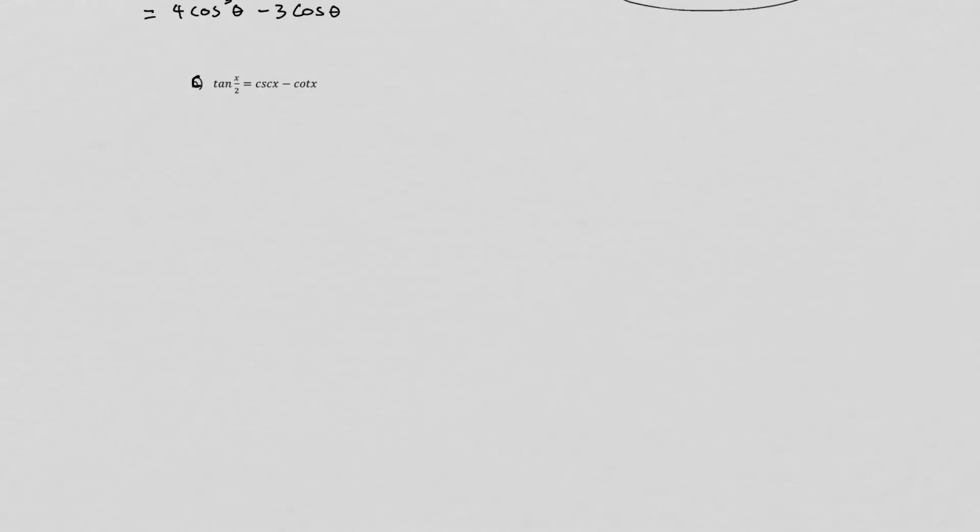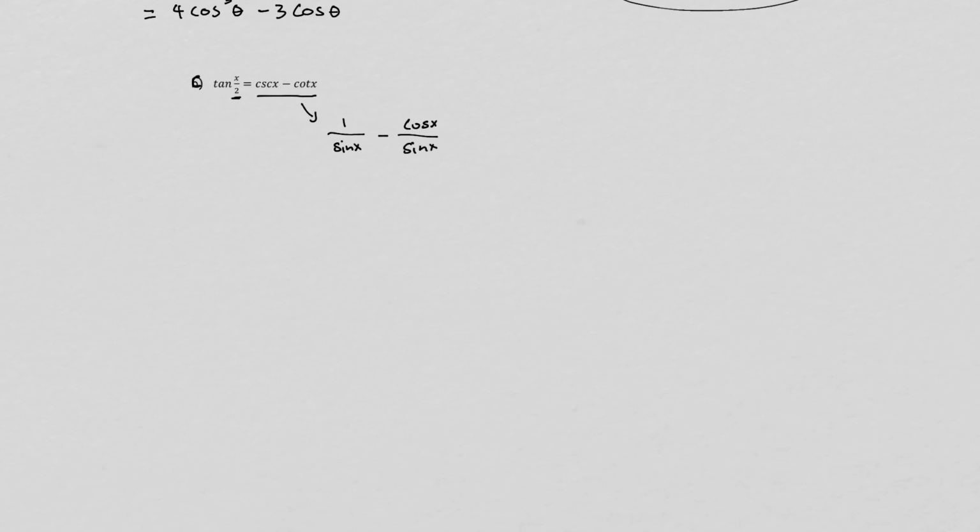Problem C. This one, it doesn't matter which side you start. You can start with the half angle because we know how to change half angle into the formula, right? Or this time, the right side is not related to sine and cosine, so I know I can do something with that side also, which means I know I can change cosecant into 1 over sine x and cotangent into cosine x over sine x.